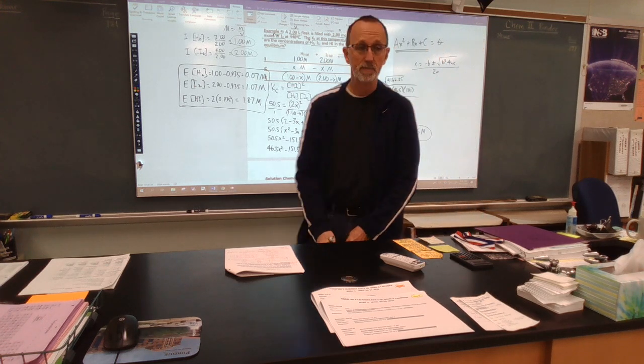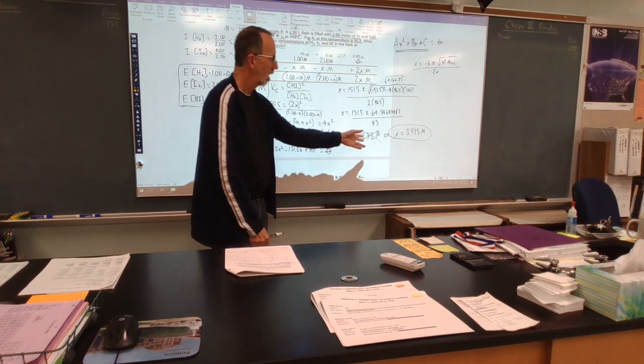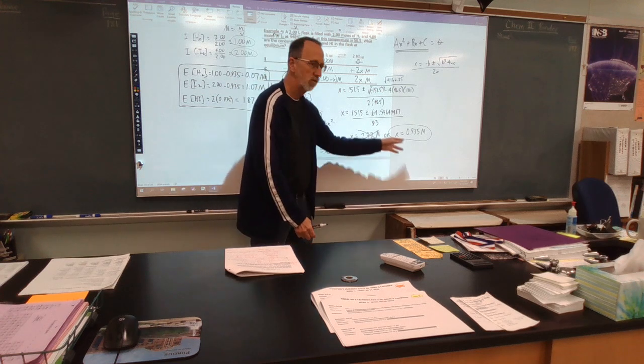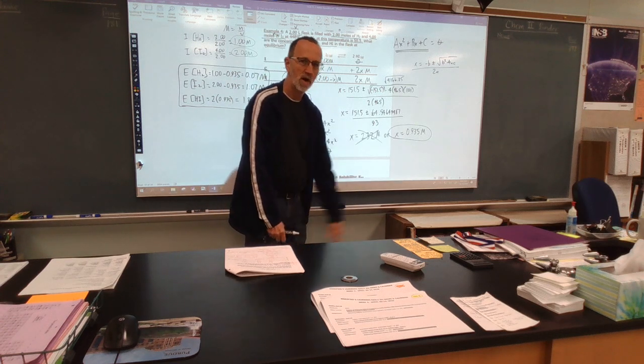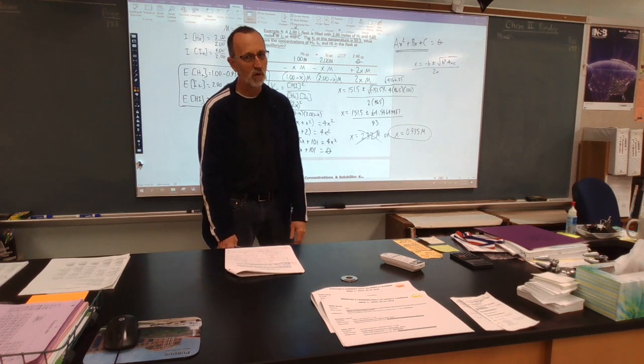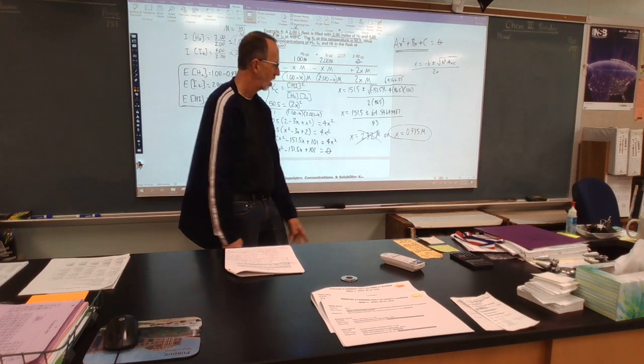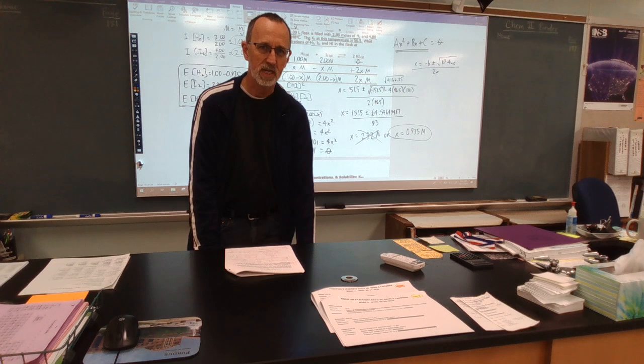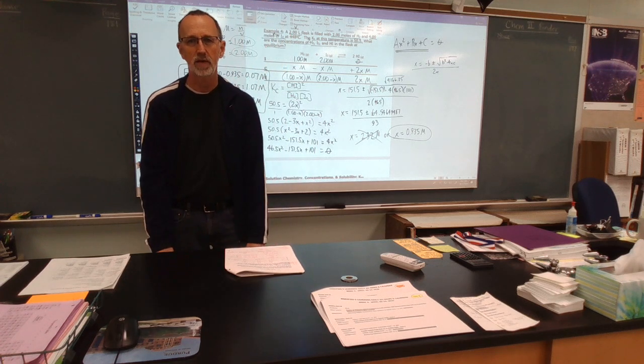Now there is a possibility, and this is a definite possibility, that of your two answers, one is negative and one is positive. Well, that's an easy one. You don't even have to look back at the chart. If you get an answer that's a negative molarity or a negative pressure, if you're doing KP, that one's out. Okay?